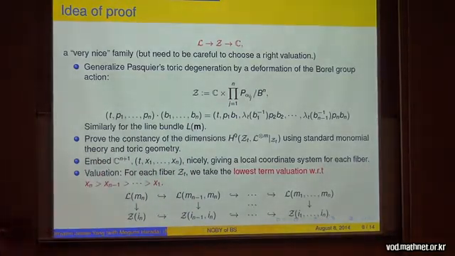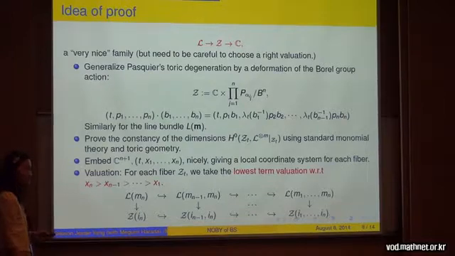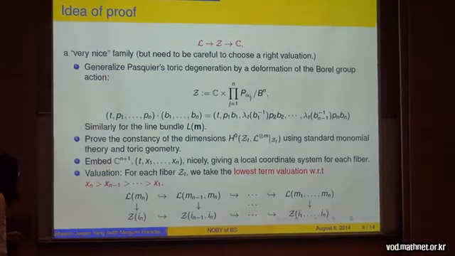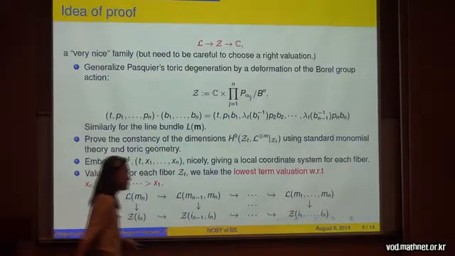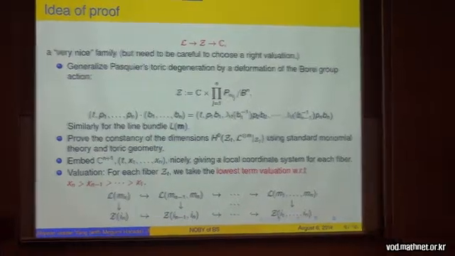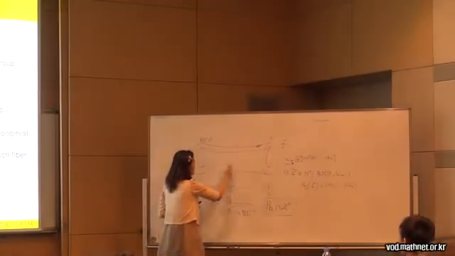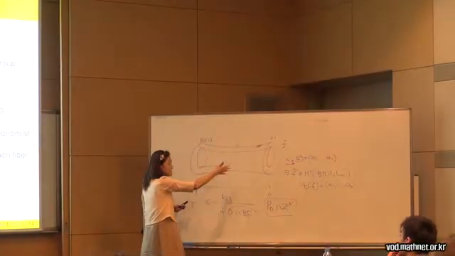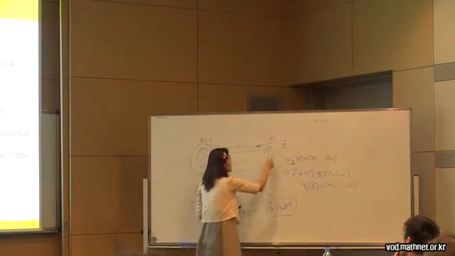To get these nice valuations, the idea is that we get a nice local coordinate system for each fiber by embedding an n+1 dimensional affine space with these coordinates t, x1 up to xn. So we embed C^(n+1); remember each fiber has dimension n, and nicely, each fiber gives you a C^n affine open subset.